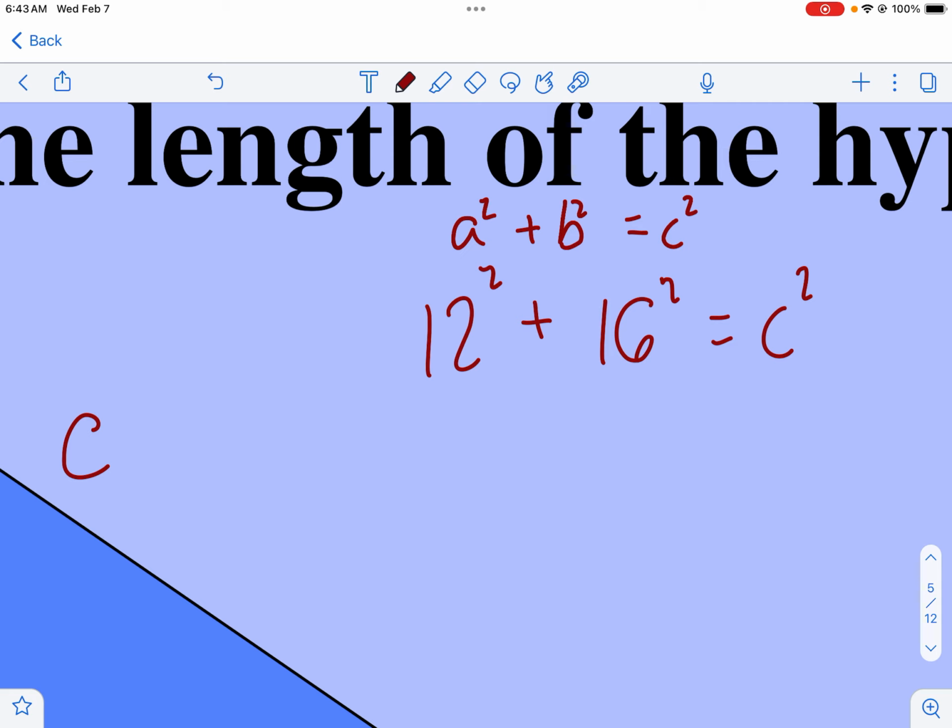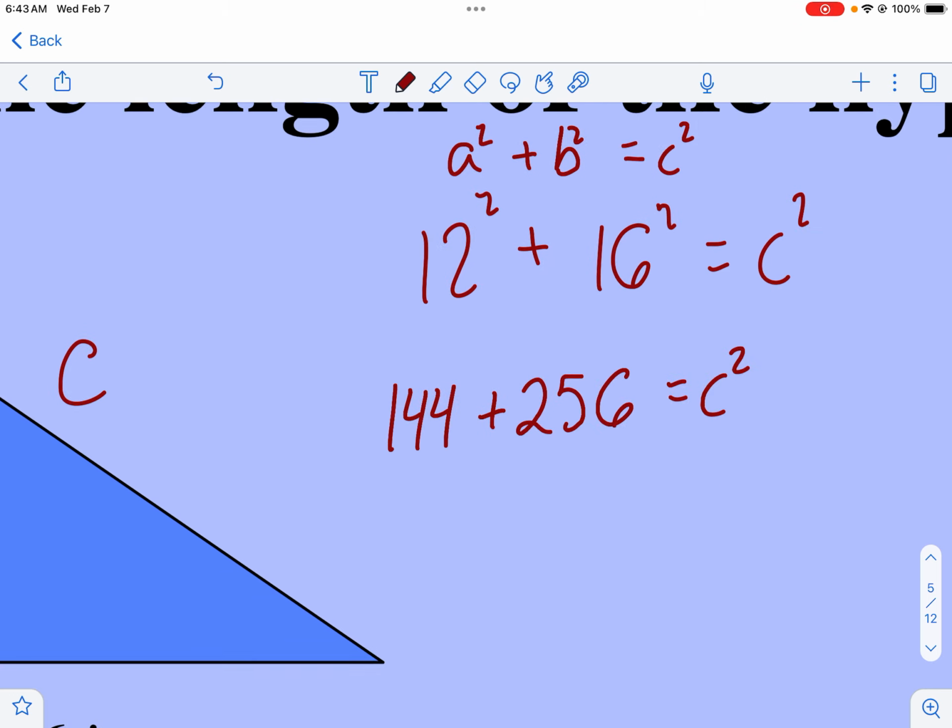So 12 squared is going to give me 144. 16 squared is going to give me 256. When I add those together, I'm going to have 400 equals c squared.